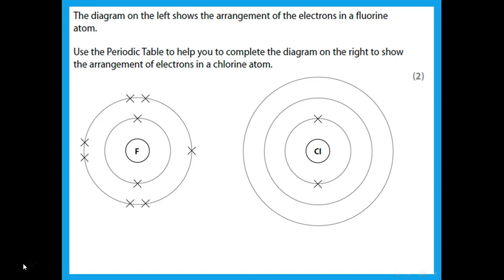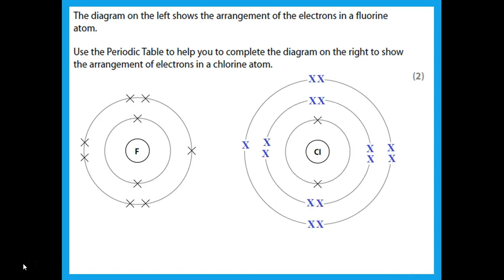So how would you distribute 17 electrons? We have 2 electrons in the first shell already written for us. So we need to distribute the rest of the 17. The next energy level takes how many? Takes 8, and then I need to put the rest, which are the 7 that are left, in the final energy level. So this is what your answer should look like. Okay?